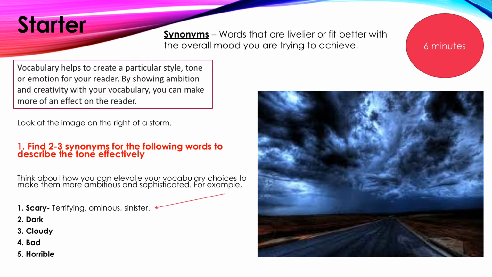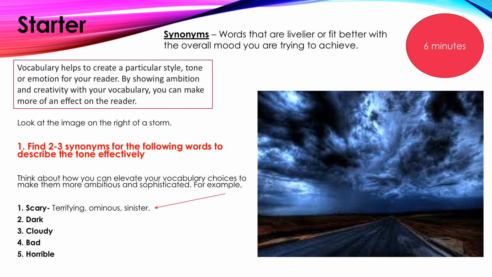So really think now about how you can elevate your vocabulary choices to make them more ambitious and sophisticated. For example, scary, if we were to elevate this for some synonyms, we could think of ominous, terrifying, and sinister.